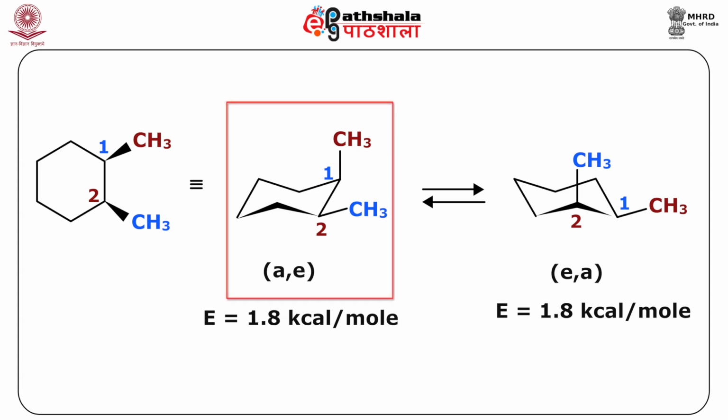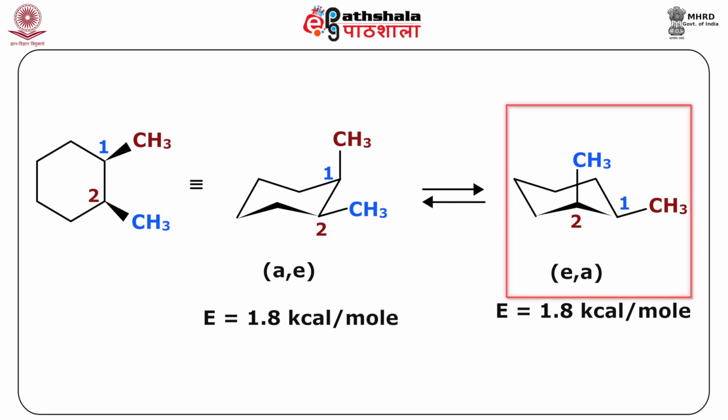We call it in short AE conformer, that means axial equatorial conformer, both the bonds pointing upwards, or vice versa, EA, that is both the bonds pointing downwards, as shown in the figure. AE conformer and EA conformer.